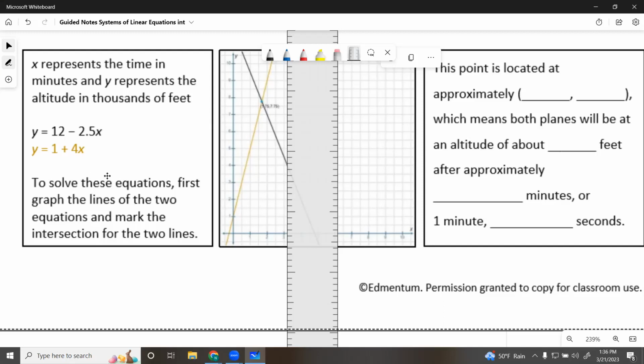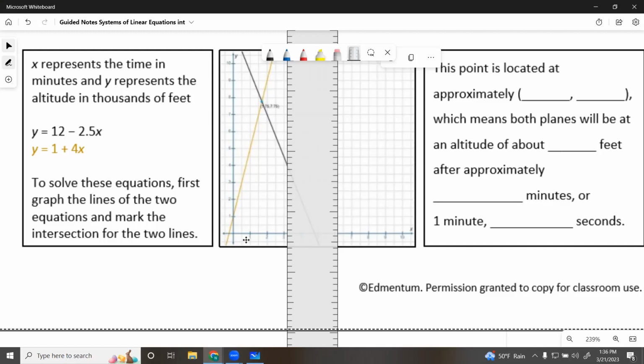Okay, the next question they want us to do is look at this. Plane A is descending toward a local airport at the rate of blah, blah, blah. It gives us all this, like the word problem. And then we see that X represents the time in minutes and Y represents the altitude in thousands of feet.